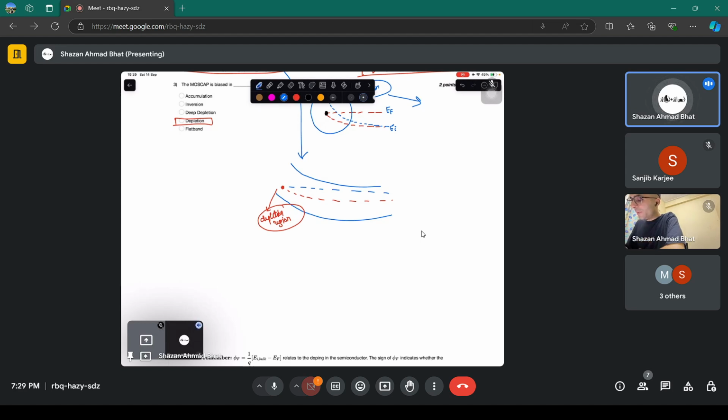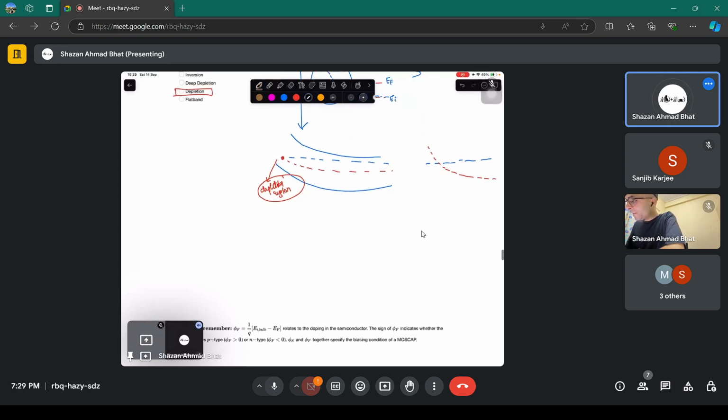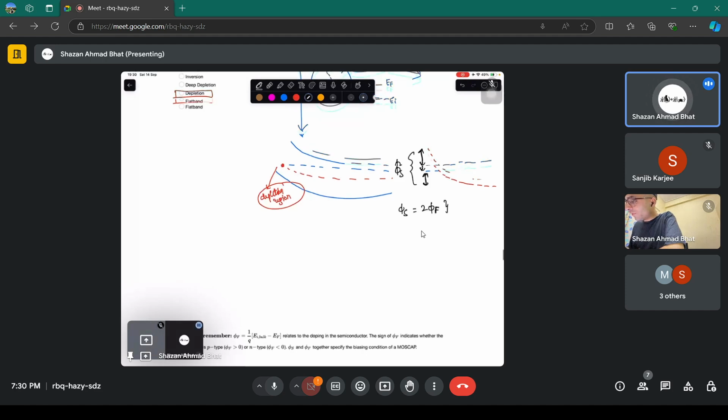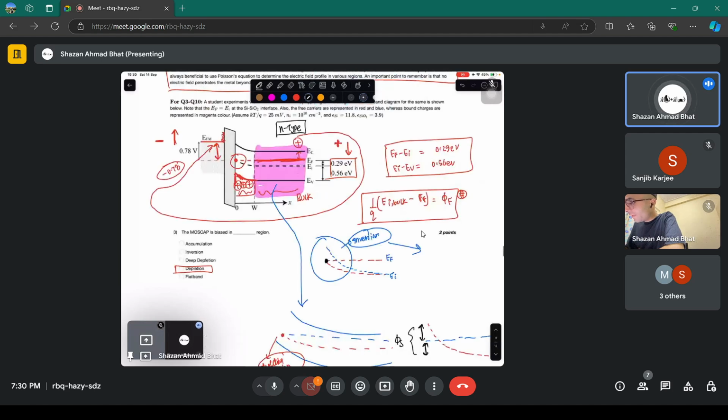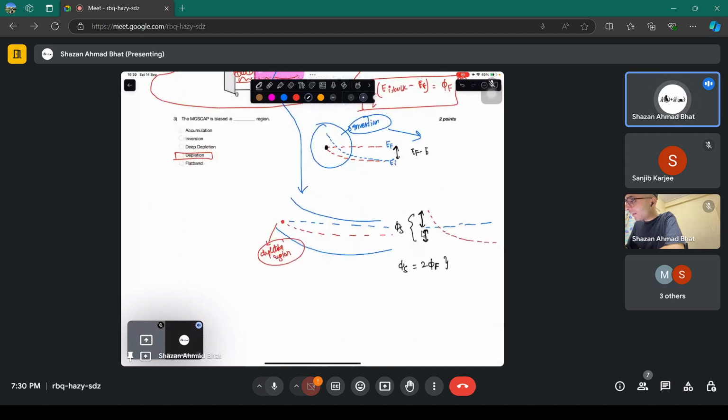And now if it would have been the case that this is the Fermi level, this is the intrinsic level, then it would have meant that the potential near the surface, this is the surface potential, when it becomes twice that of the Fermi potential, which was the difference between EF minus EI in the bulk.